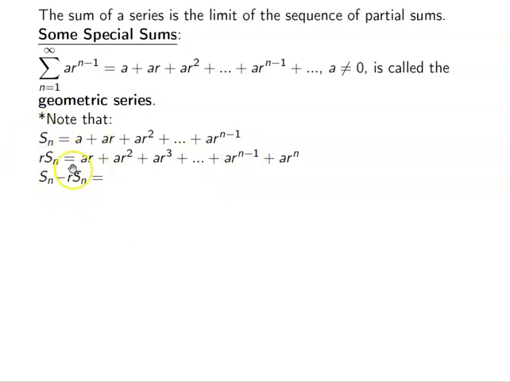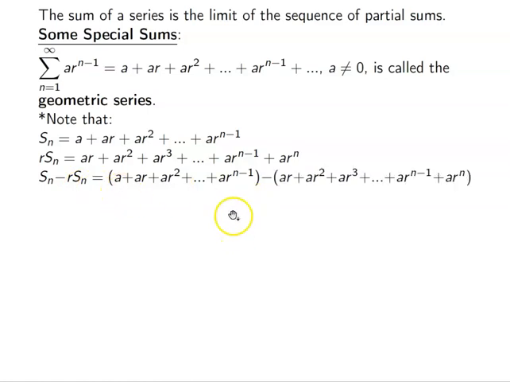If I subtract those two results, the partial sum of n and r times the n partial sum, that formula will look like this: the first one minus the second one.